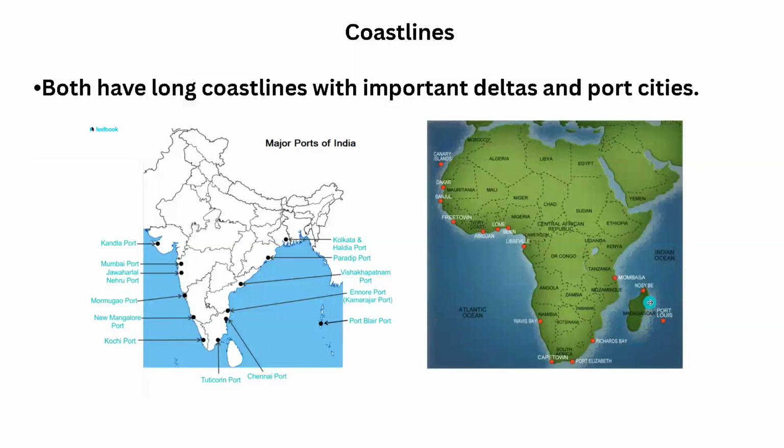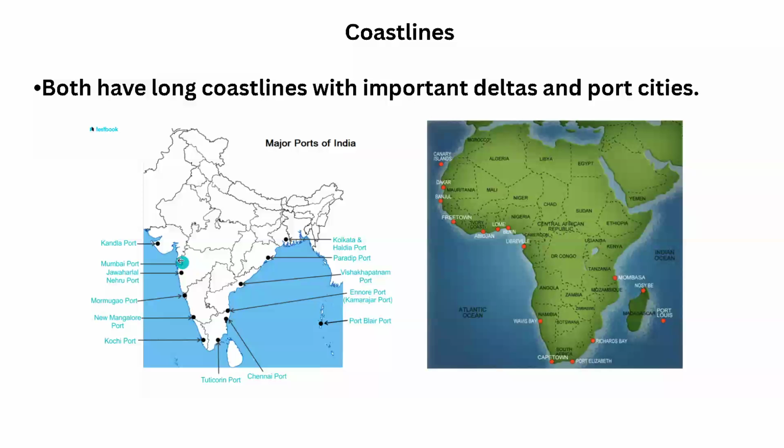Then on the island of Madagascar, you will find Nosy Be, Port Louis, then Mombasa. These are the important port cities, where exports and imports take place.